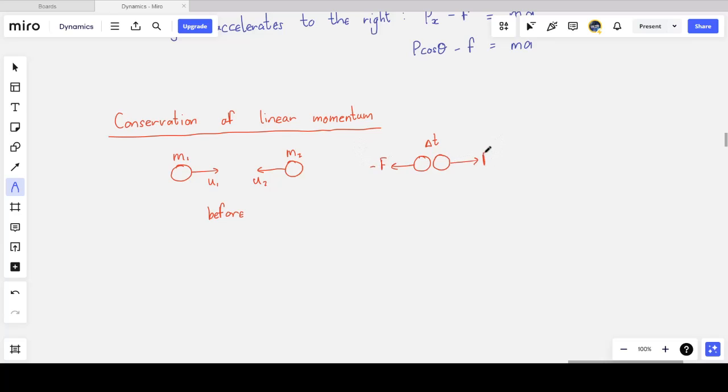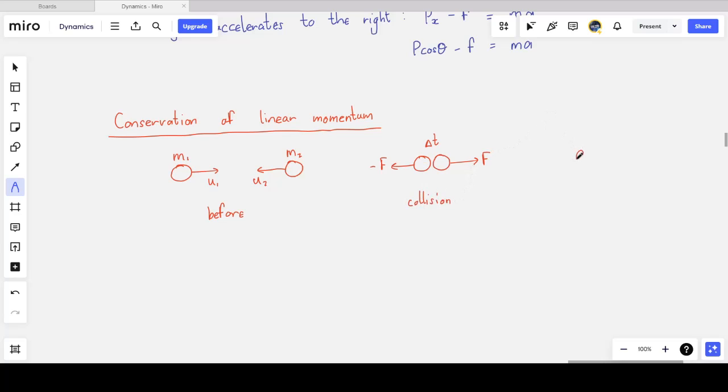So the force that ball m2 feels is F to the right, and the force that ball m1 feels is the same force, minus F, to the left. And so this coming together of the objects is what we call a collision, when they strike each other.